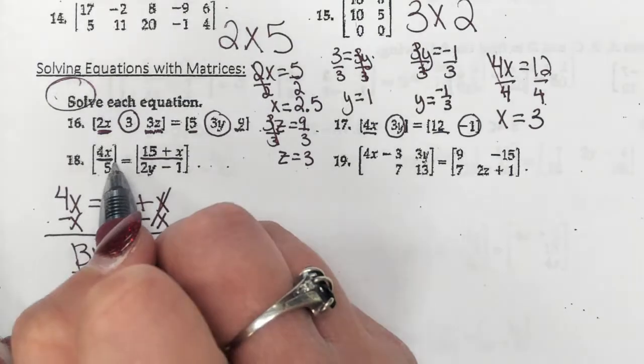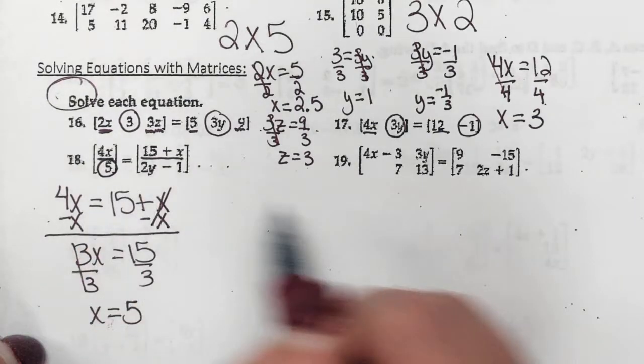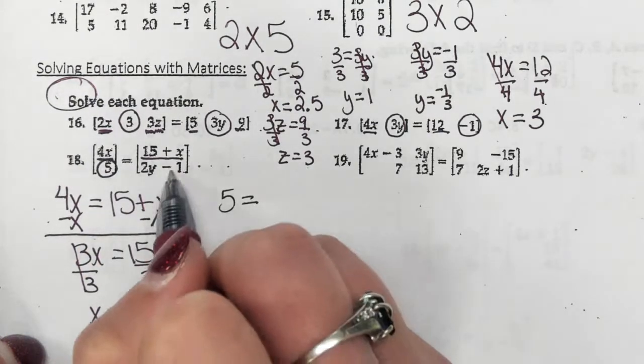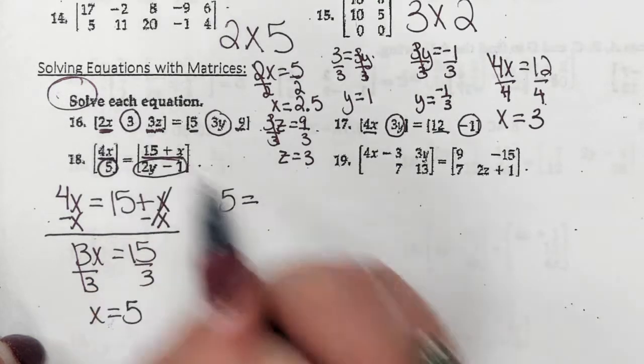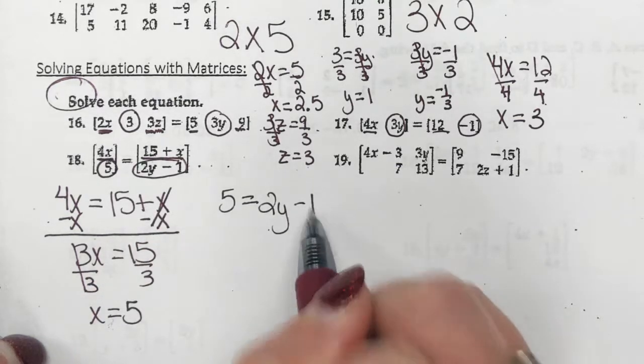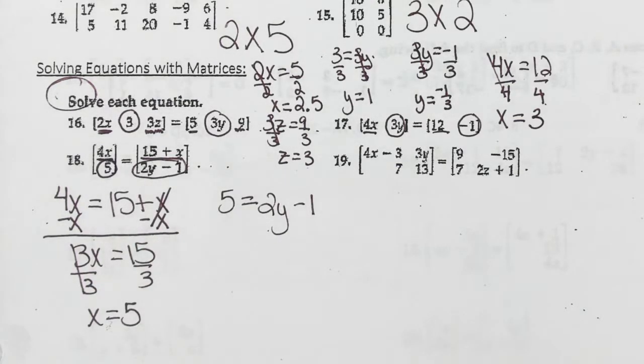All right, what's the other one? What's 5 equal? 2y minus 1. You notice how they're connected together with that minus sign? All right, y'all try that one real quick. See what you can get.